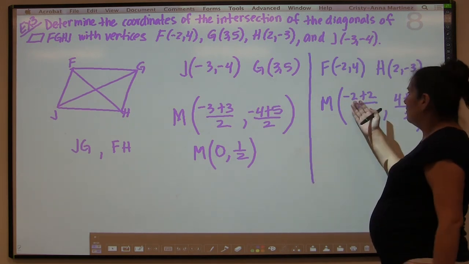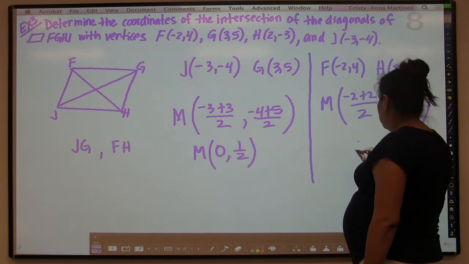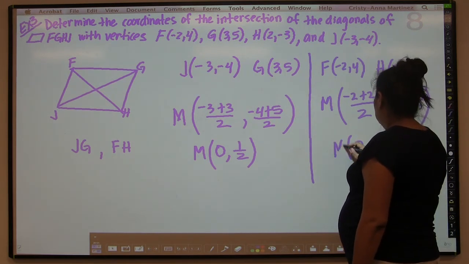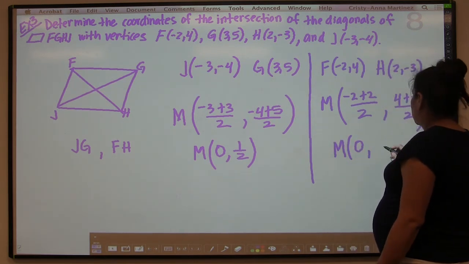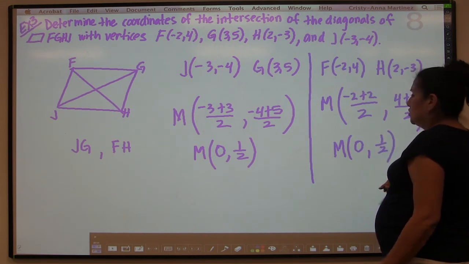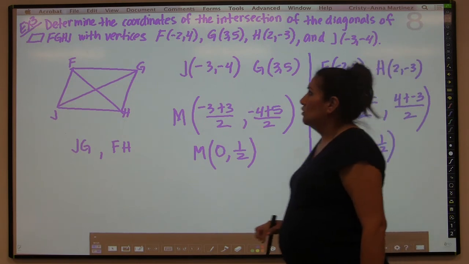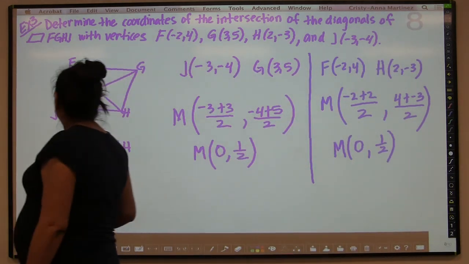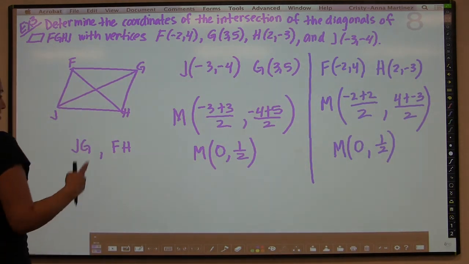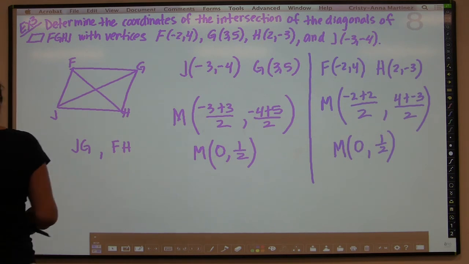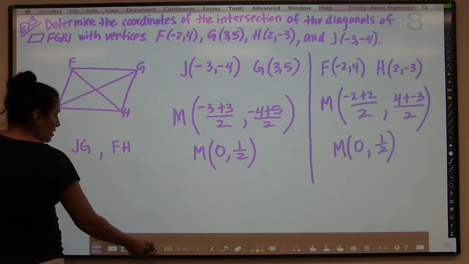Of course, -2 plus 2 is 0, and 0 divided by 2 is still 0. And 4 minus 3 is 1, and then divided by 2. So in both cases, you get the same midpoint. Therefore, the coordinates of the intersection of the diagonals is (0, 1/2). And that's how you do example 3.